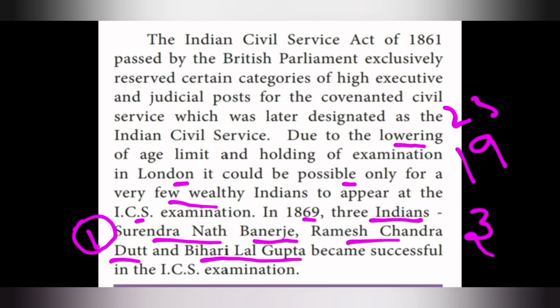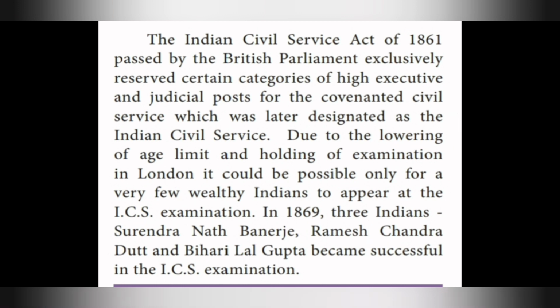These three persons gave a complete tough fight to this examination, and these three got selected. They made this examination a success. Who were they? Surendranath Banerjee, Ramesh Chandra Dutt and Bihari Lal Gupta.